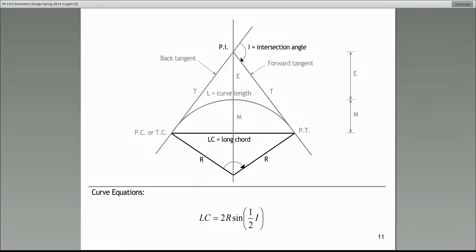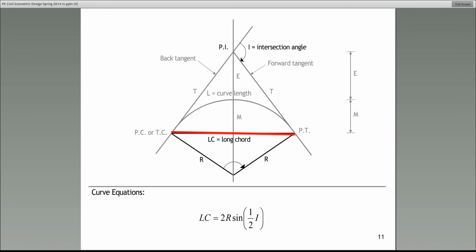All right, slide number 11 gives us the relationship between what we call the long chord. Now, please recognize that the long chord is always a straight line. Not necessarily horizontal, but it is a straight line, and it connects PC to PT.